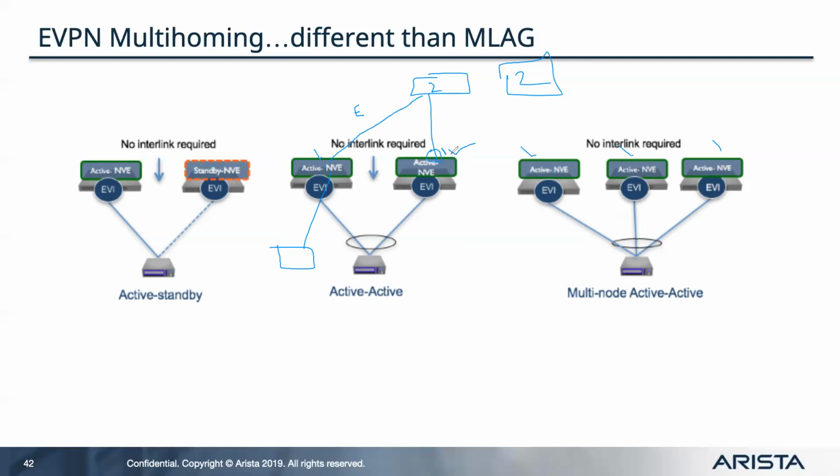You are receiving a route from AS 1, which you already have, so as per the eBGP loop prevention, you will not accept this route. So you have to configure allowas-in so that you consider this route. This is one type of design.